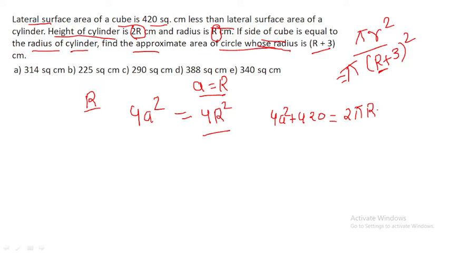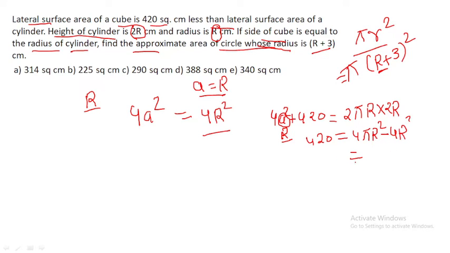H is the height, which is 2R centimeter, given in the data, right? Yes, it is given. So we will put 2R in place of height. So it will become 4 pi R square. So 420 equal to 4 pi R square, and instead of a we can put R, because a equal to R. So minus 4R square.